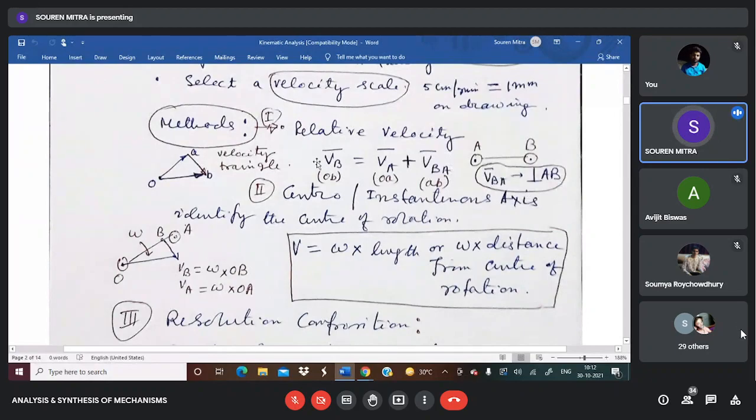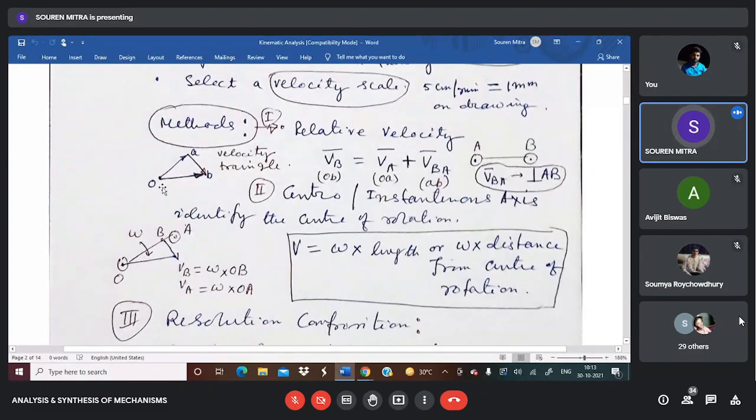And of course, it's a vector equation. Now, this has to be determined through a velocity triangle. And the shape of the velocity triangle is like this. We start from a point which is called pole. This O is the pole.